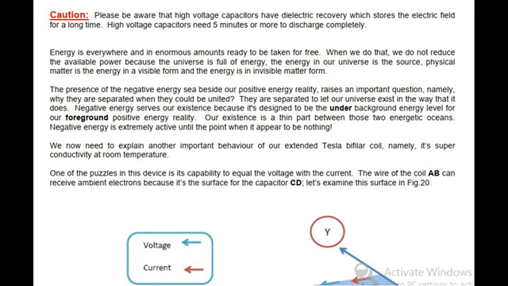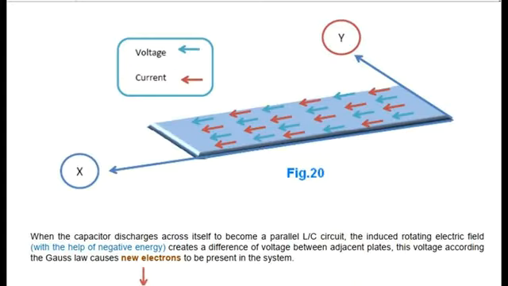The wire of the coil can receive ambient electrons because it's the surface for the capacitor CD. Let's examine this surface in Fig 20. When the capacitor discharges across itself to become a parallel L/C circuit, the induced rotating electric field, with the help of negative energy, creates a difference of voltage between adjacent plates.